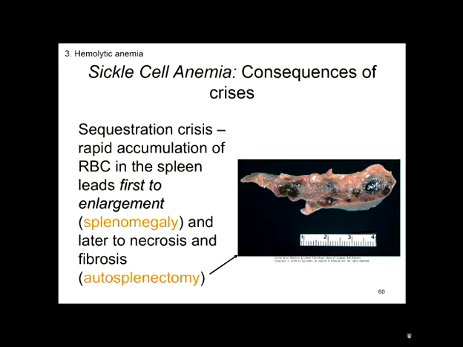Oh, one thing I should remember to tell you is that early on, the spleen just gets enlarged because you have a lot of abnormal cells accumulating in the spleen because they're being taken out of the system since they're abnormal. So initially, these patients will actually have splenomegaly, an enlarged spleen.